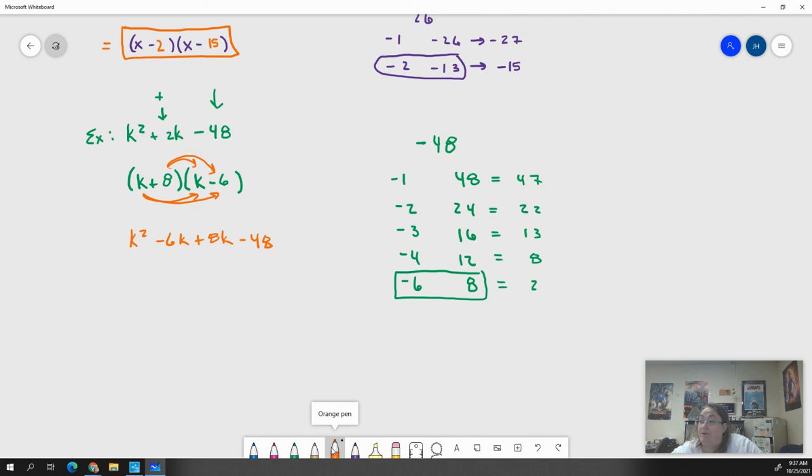And then when we combine our like terms, we wind up with k squared plus 2k minus 48. Right? So we know we're right because we got back that same thing. So our solution for sure is this. Again, I'm not going to ask you to check them. I just want you to kind of understand how they work when you look at them.